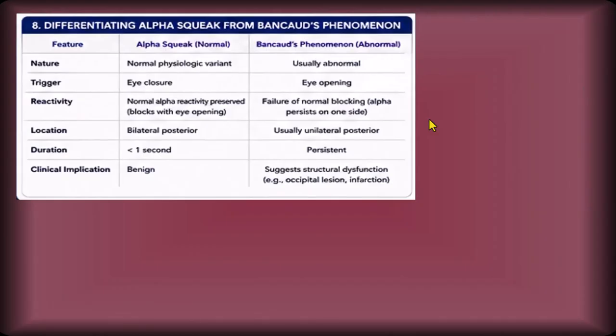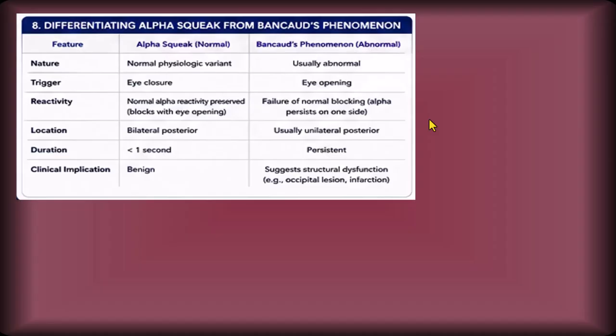Alpha squeak is a normal physiologic variant, triggered by eye closure, bilateral and posterior, reactive and very brief. In contrast, Bancaud's phenomenon involves failure of alpha blocking during eye opening, persistent unilateral posterior alpha activity, and possible association with structural pathology.